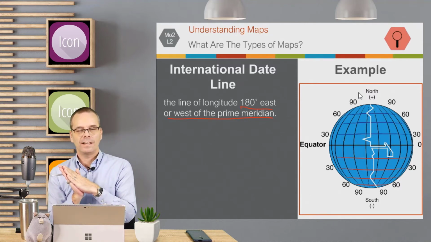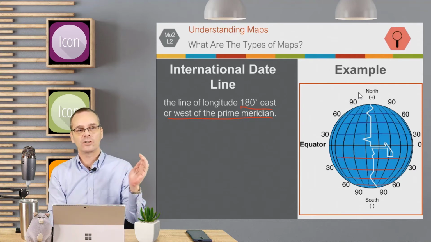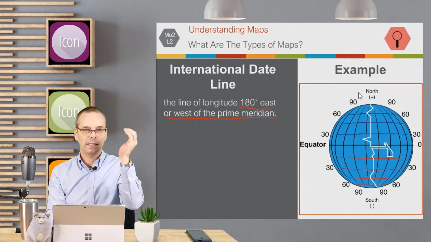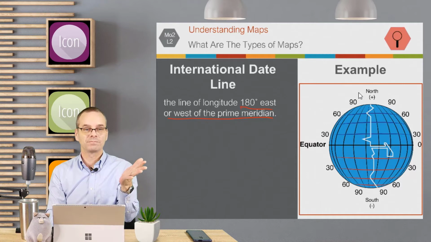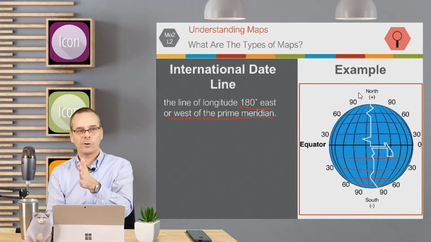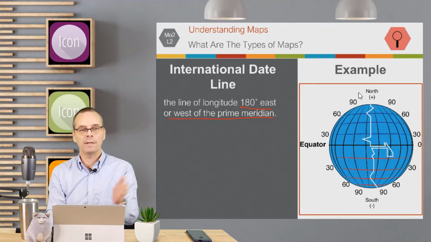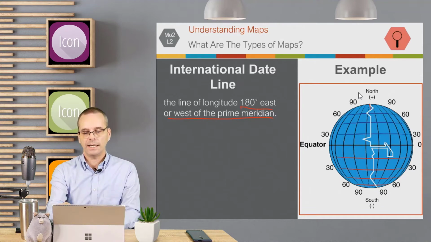And so, have you ever noticed, if you've ever traveled on a plane and you travel across the international date line, you may leave, let's say, Japan on a Monday at 8 a.m. and for some reason you arrive in California at 9 a.m. Monday. So it's almost like you lost no time. That's because you crossed over the international date line in the Pacific Ocean.